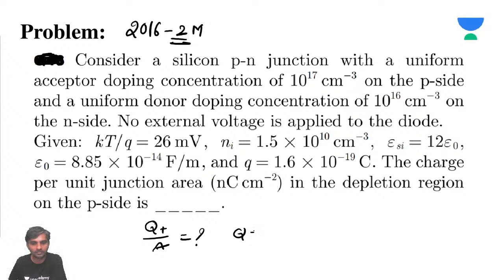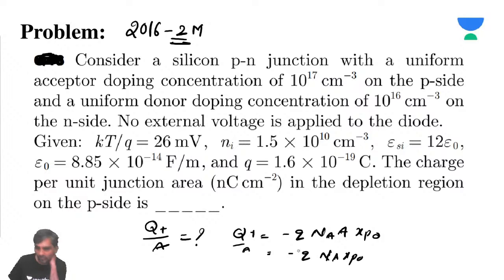What is Q plus? The formula is minus Q into NA into A into XP naught. So Q by A means simply minus Q NA XP naught.